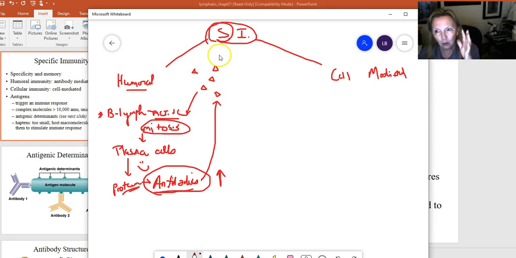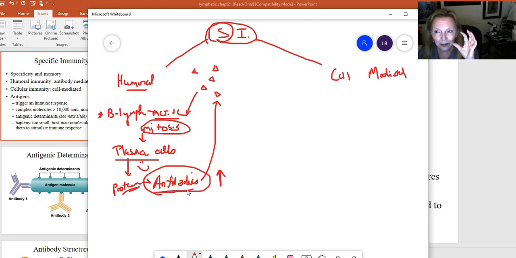So yes, when you first encounter a foreign antigen, these are foreign now, potentially pathogenic. At first, it takes a little while for your B lymphocytes to figure out the shape, undergo mitosis, produce a lot of plasma cells that start pumping out this protein called antibodies.